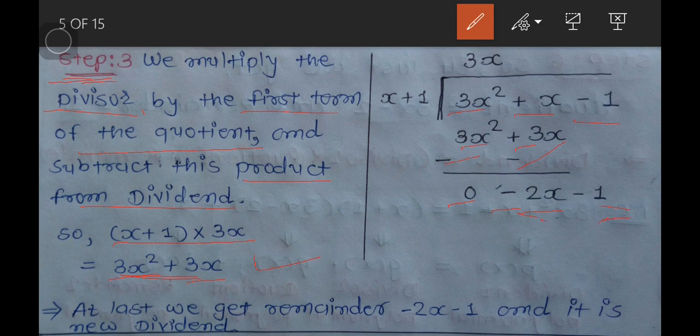So here you can see that at last we get the remainder minus 2x minus 1, and it is now our new dividend. We assume it as our new dividend and proceed with it.